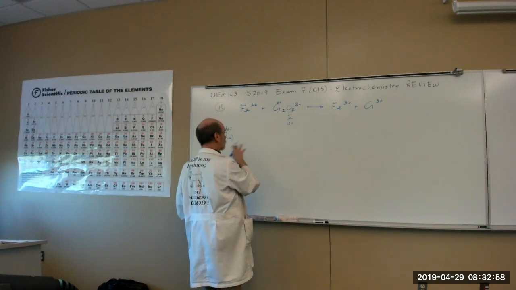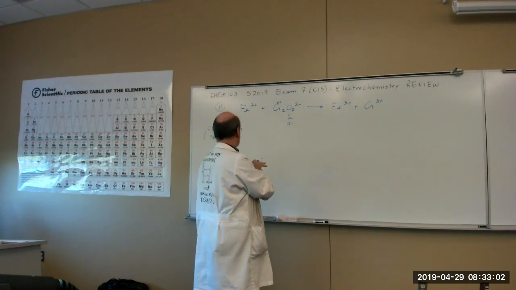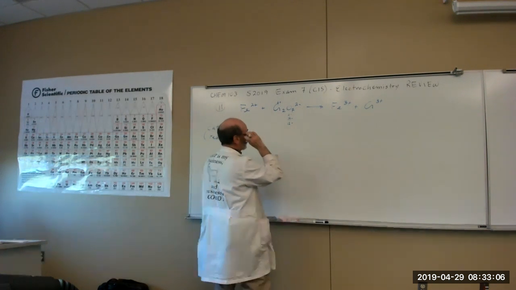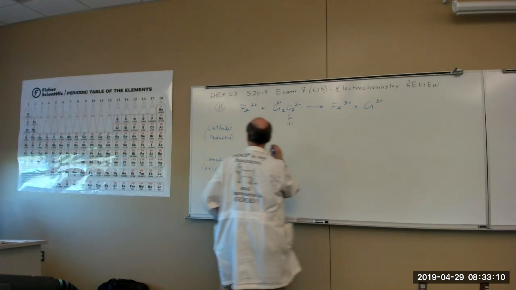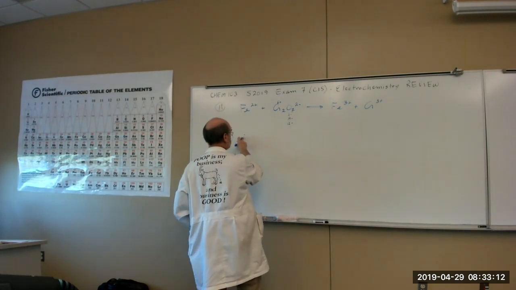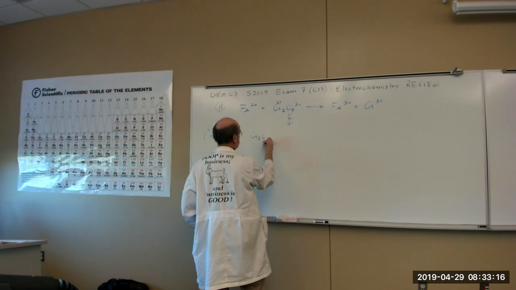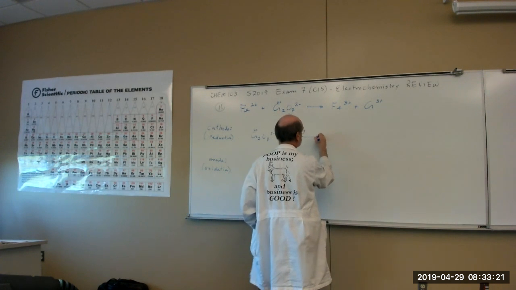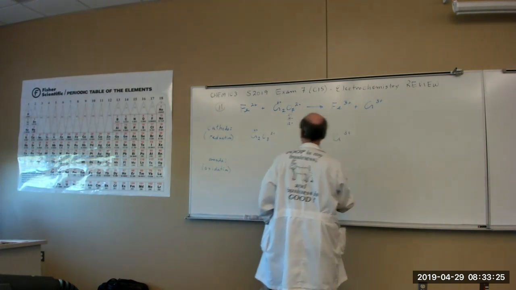We can decide which one's reduction and which one's oxidation. Reduction is gain. So which one gained electrons? Chromium gained, from 6 plus to 3 plus. So the reduction side is going to be this one to this one. Right?